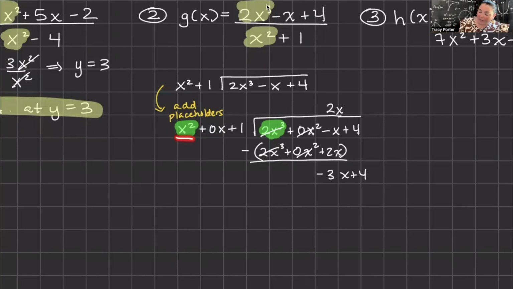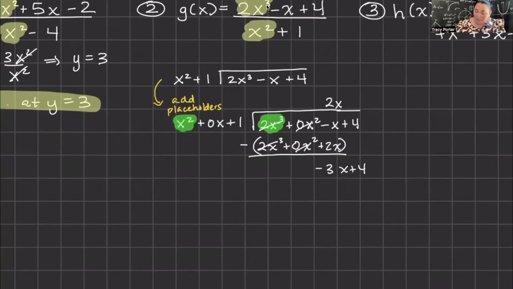Now, we can't divide this into this. So remember, the answer is just going to be the 2x. But if you need to be reminded of that, you can think of the quotient. We normally write it like this, and then you add what's left over, which is the remainder, and then you can divide that by the divisor.